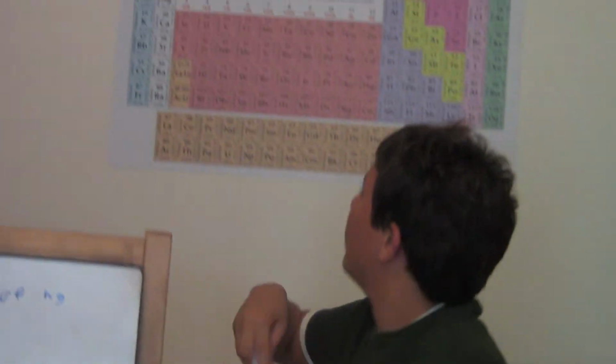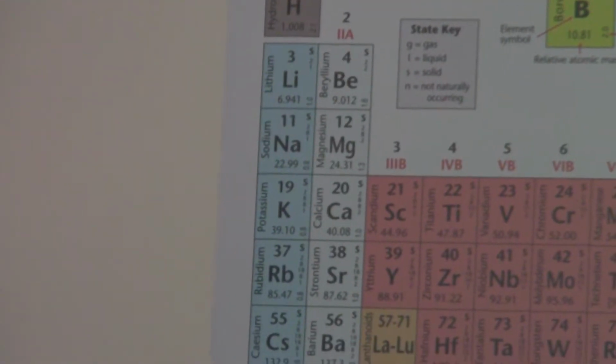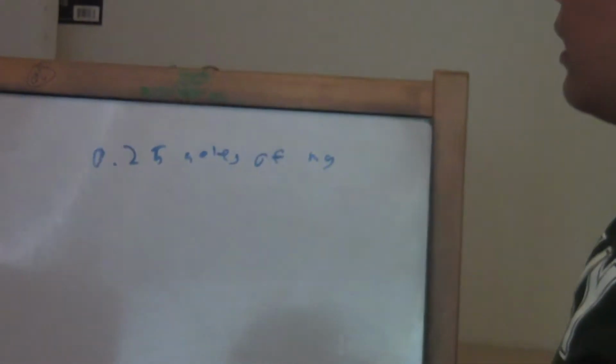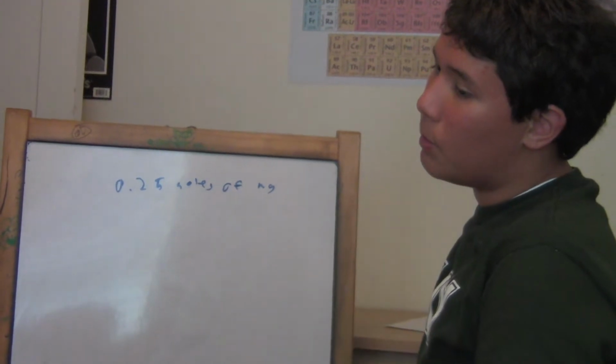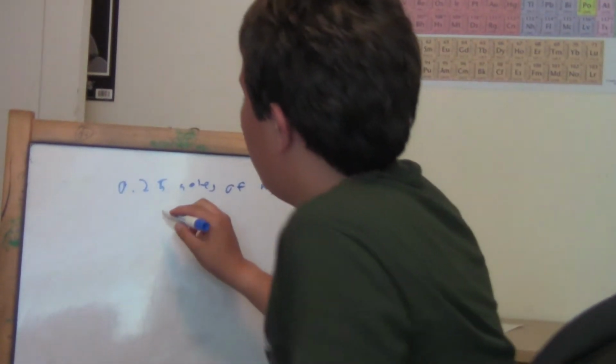Which by the way is over here as the second alkaline earth metal, and the easy way, and this part is very easy if you know how to use a mole, is pretty straightforward.